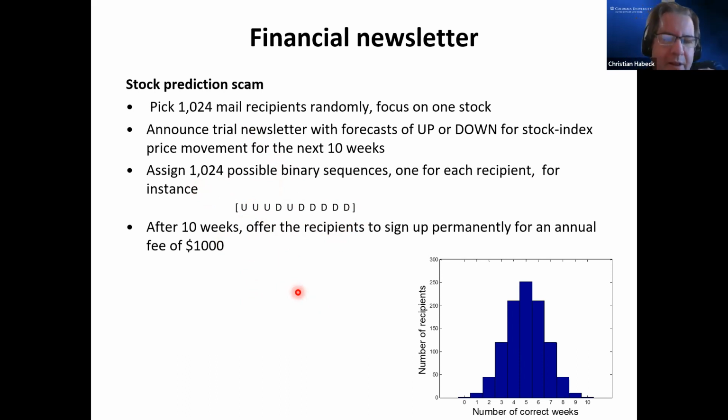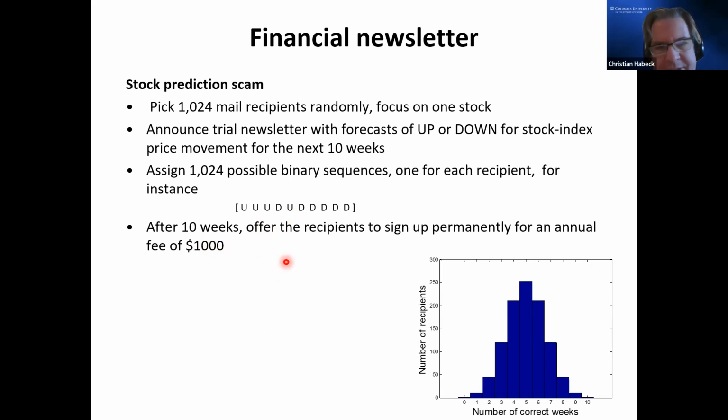And you mail these to 1,024 mail recipients randomly, right? You focus on one stock. And after 10 weeks, you offer the recipients to sign up permanently for your annual newsletter, for $1,000. You say, I offer you to predict, if you like my predictions, then sign up for this newsletter.